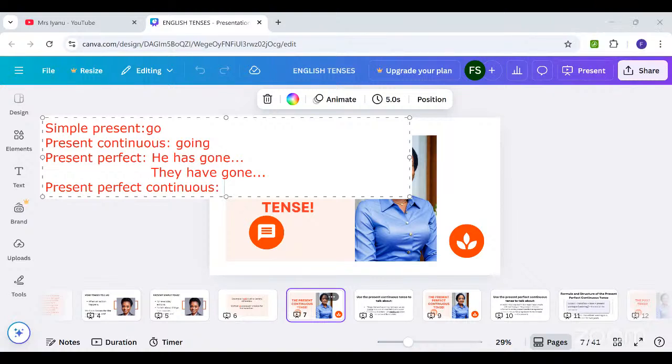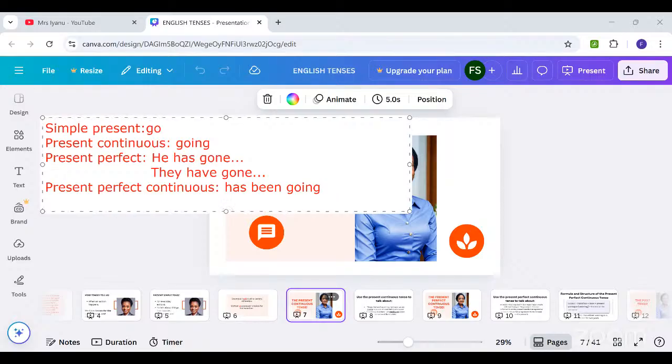And this shows an action that is ongoing in the present, but was started in the past. So I can have has been going or have been going.